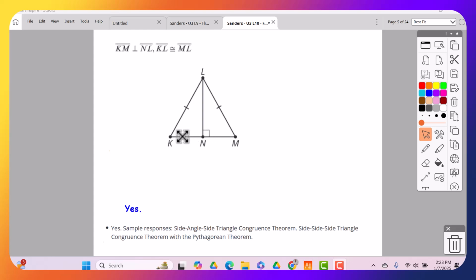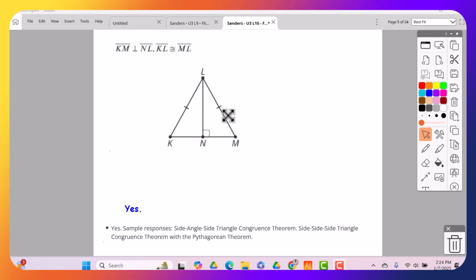What this tells us is that angle K is congruent to angle M. And if we have two angles, then we actually have the third angle, and we will find that angle NLM and angle NLK will also be congruent. That would give us a side and an angle, and we can use LN as being congruent to itself to say side-angle-side congruence.